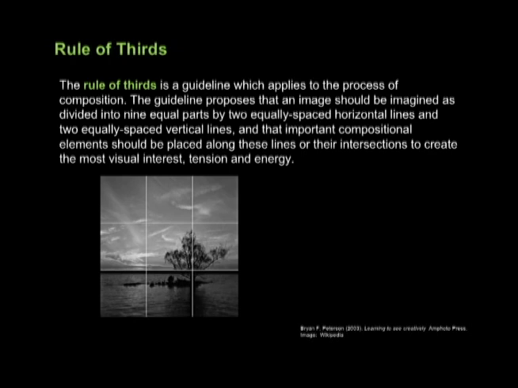And the principle simply is that you imagine your image divided into 9 equal parts by 2 equally spaced horizontal lines and 2 equally spaced vertical lines, and allow the important compositional elements to be placed along these lines and especially at their intersections. This is a very, very handy way to start a sketch for any design project. It isn't a rule in the sense that it guarantees a strong composition, but it certainly does make for a good start, I think.